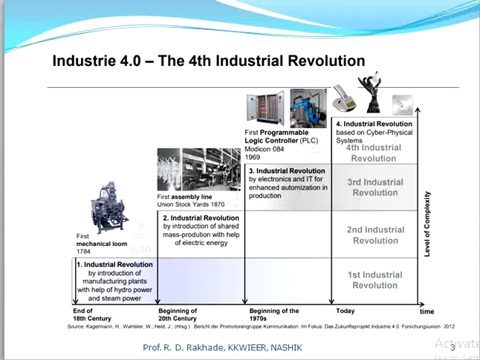In the third revolution, the beginning of the 1970s, there was electronics and IT for enhanced automation in production. And Industry 4.0 is based on cyber-physical systems, meaning the use of the internet. So this is nothing but Industrial Revolution 4.